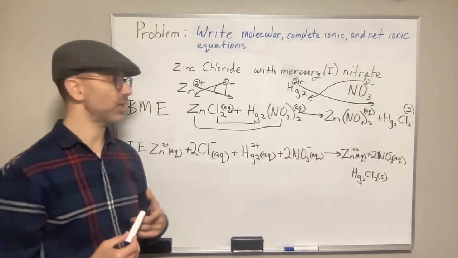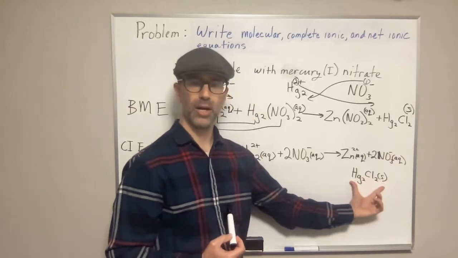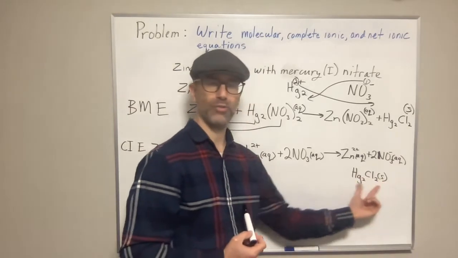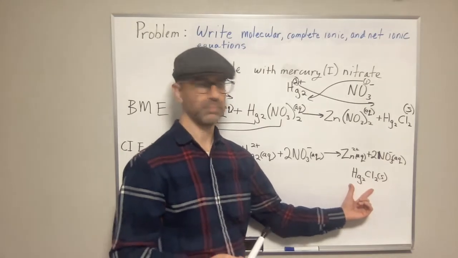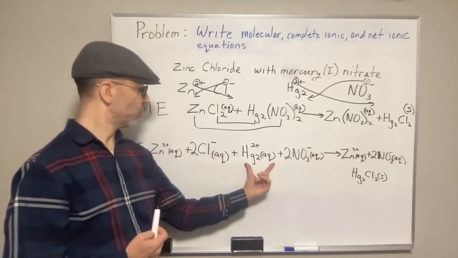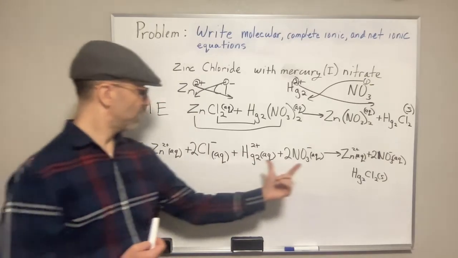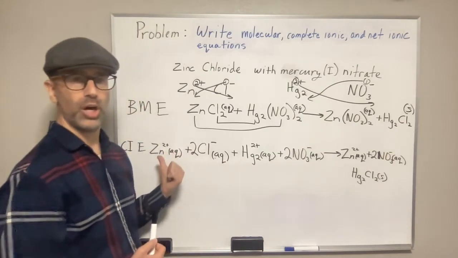The first way would be you could look at the product that's formed. So here we have a solid product. The ions that are involved in making that product are not spectator ions. They're part of the reaction. So those are going to stay. So that would be mercury 1 ion and the chloride ion. So those would stay. The others would go.